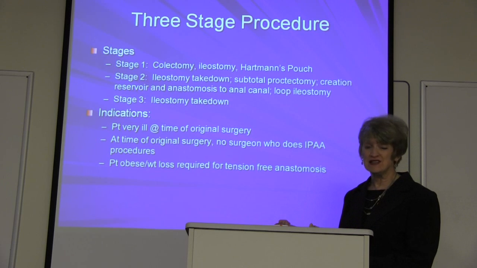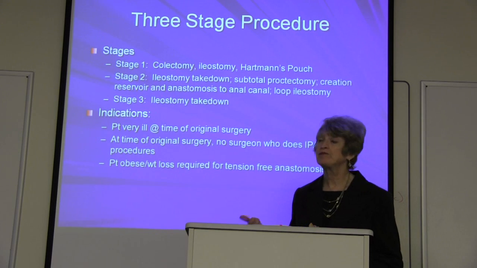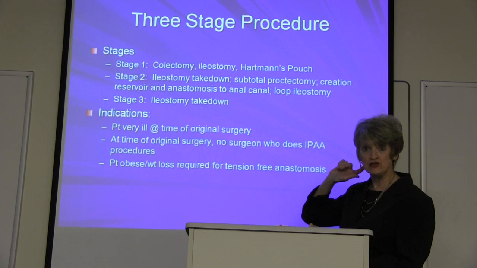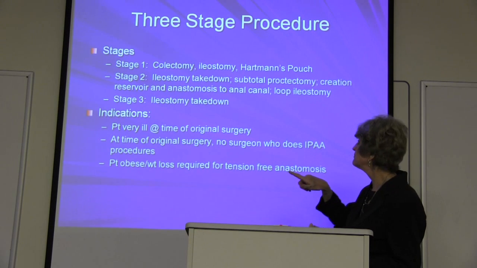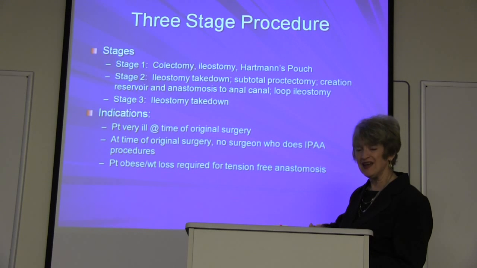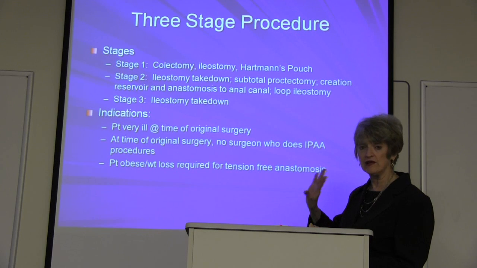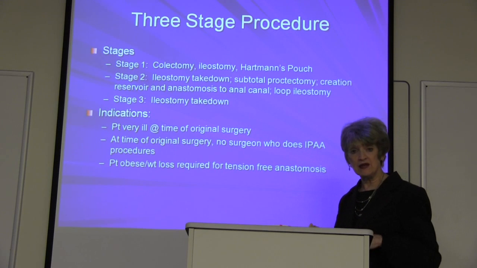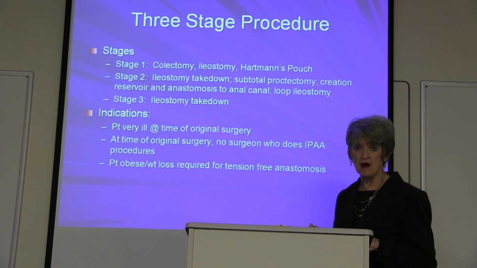Three-stage procedure is not commonly done at all. When it is done, this is what it involves. In stage 1, they do a colectomy, they take out the colon, they do an ileostomy, and they do a Hartmann's pouch. So they leave the rectum, anal canal, sphincters intact. Stage 2, they disconnect the ileostomy from the abdominal wall.